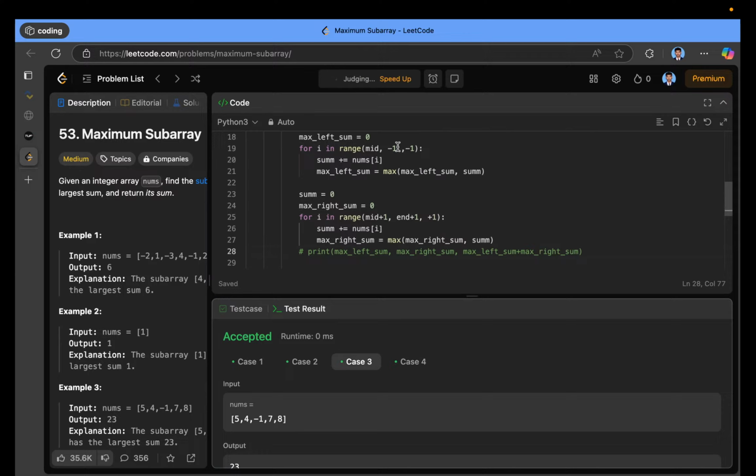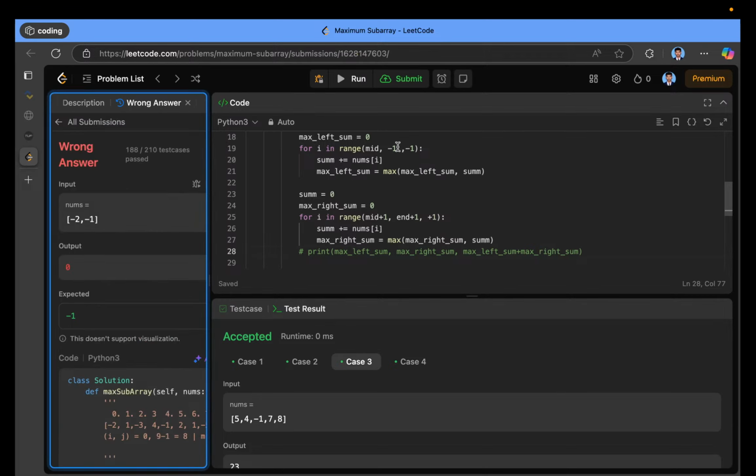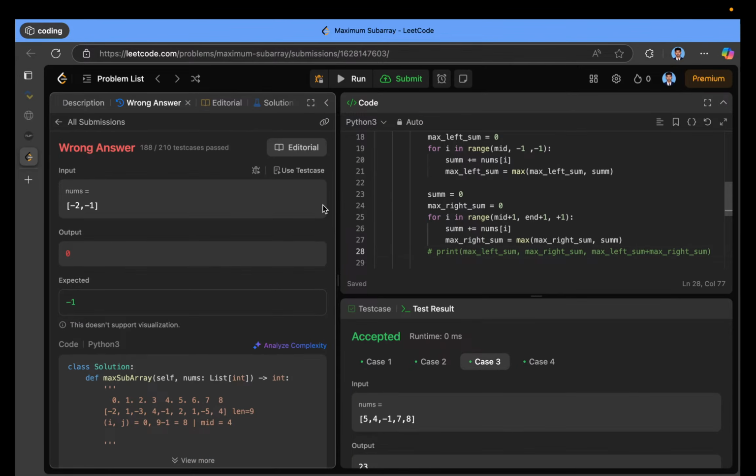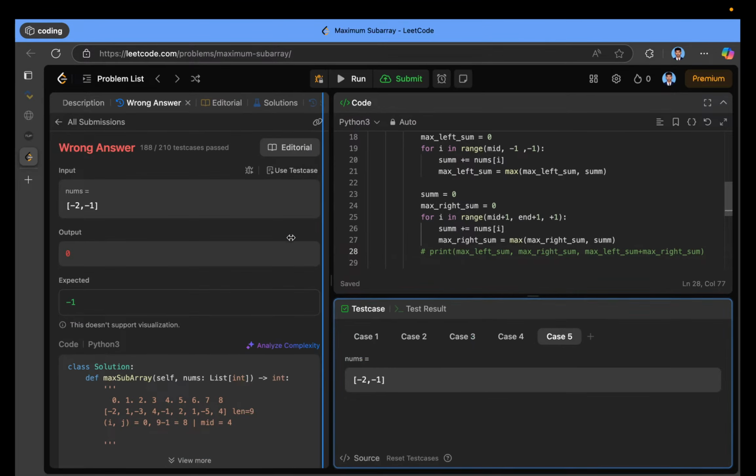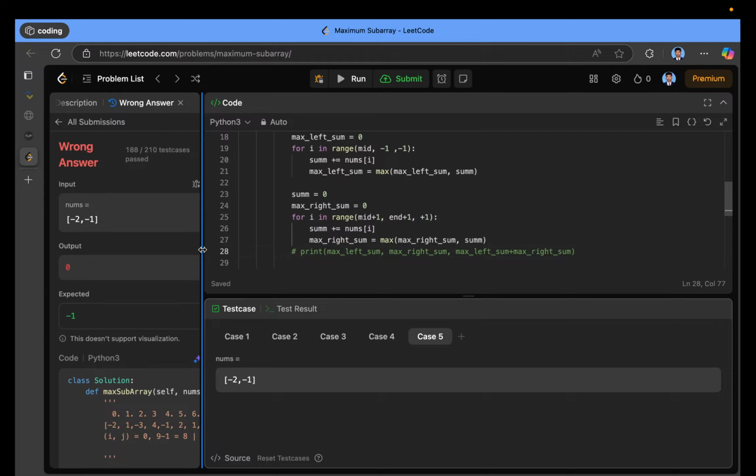Please. Why? Please. The way it is taking time, it looks like it will give TLE. Oh, it gave wrong answer. But still, it works in many test cases. Okay, take max left sum equal to min val. Okay, let's go with that.